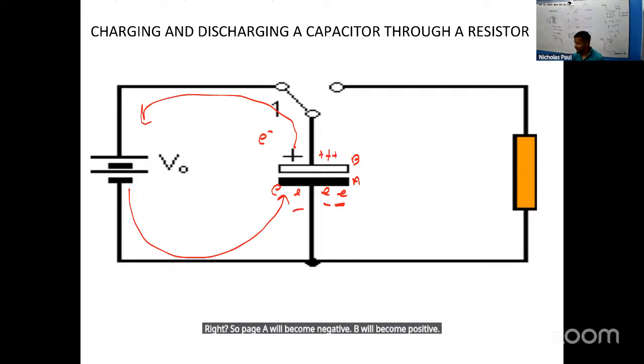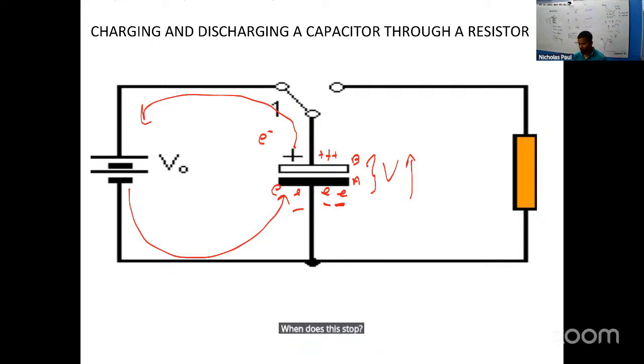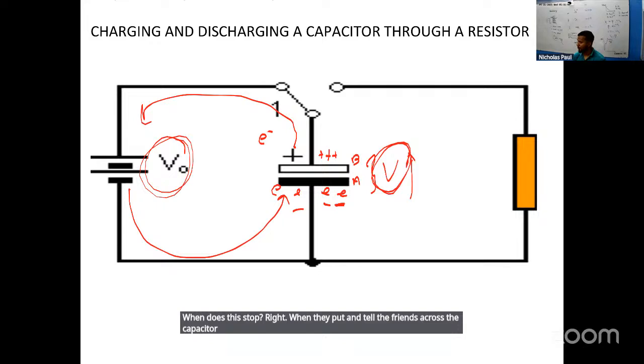Now that there's a positive and a negative, we will end up with a potential difference. As current continues to flow, the potential difference will increase, and of course, the charge also increases. When does it stop? When the potential difference across the capacitor is equal to the EMF of the battery.